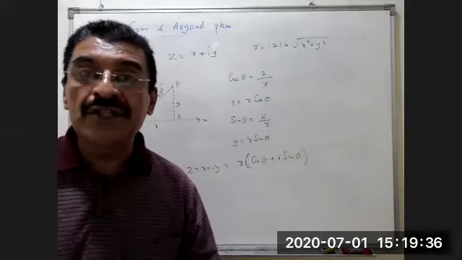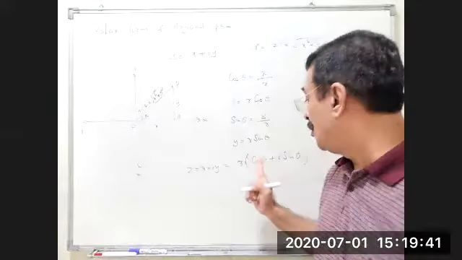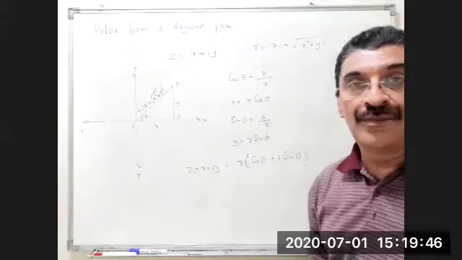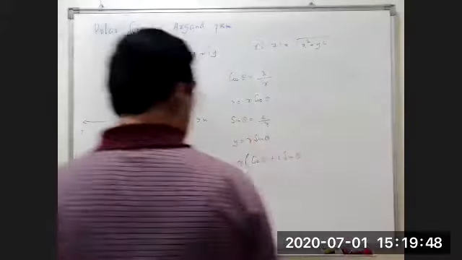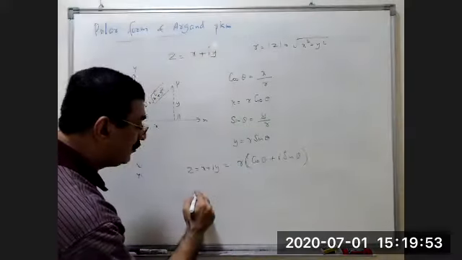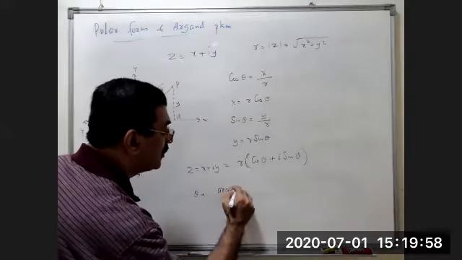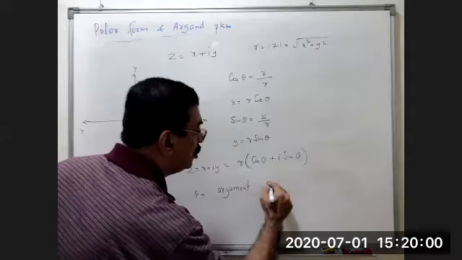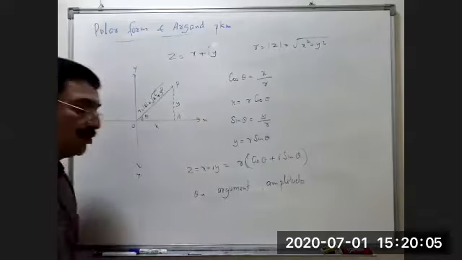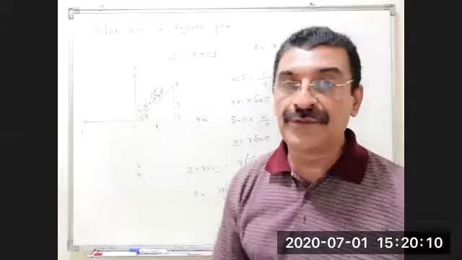So when the complex number is expressed in the form r into cos theta plus i sin theta, that is called the polar form. Here r stands for the modulus, and this theta is called the argument, or sometimes the amplitude, of this complex number.